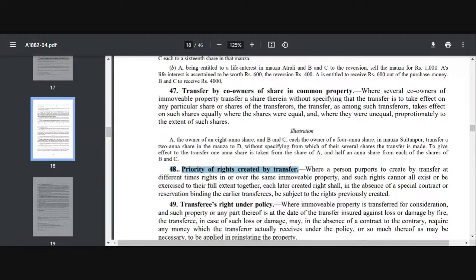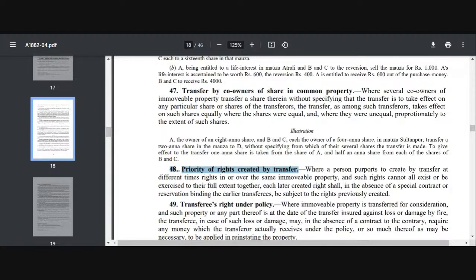Then all such rights cannot exist or be exercised to their full extent together. Each later created right shall, in the absence of a special contract or reservation binding the earlier transferees, be subject to the right previously created. So if we are creating different rights in different cases, the one who is coming first, right? It is first come, first served: all the subsequent transfers will be bound by the previous transfers.